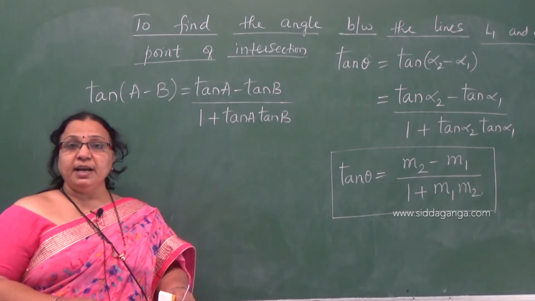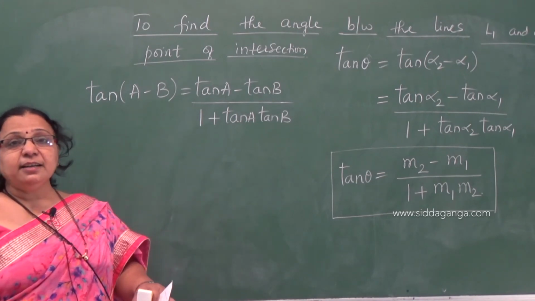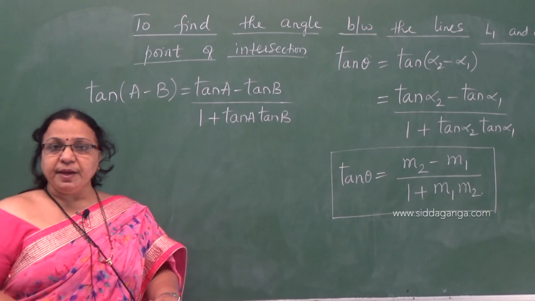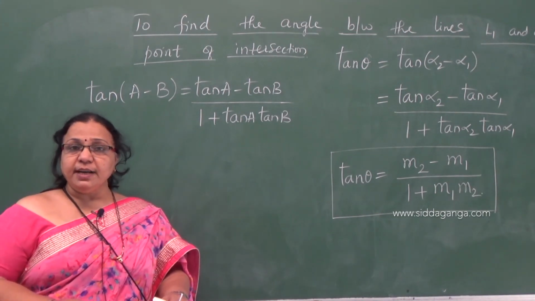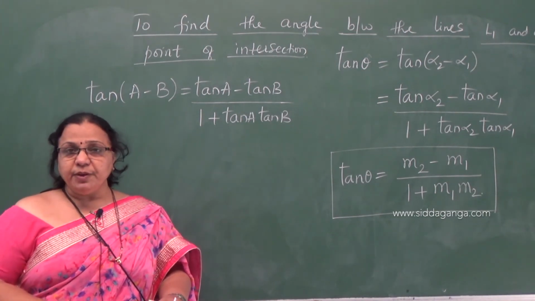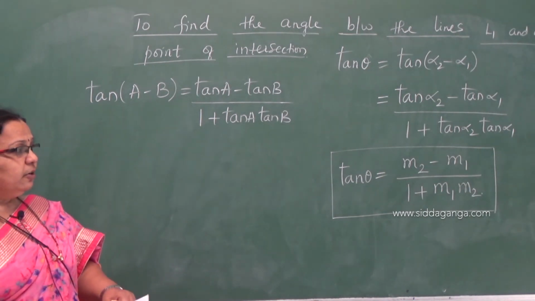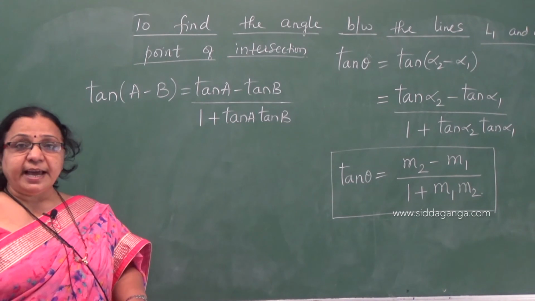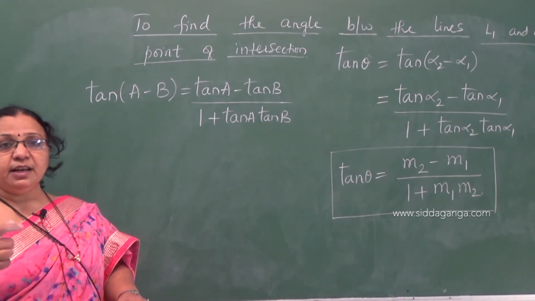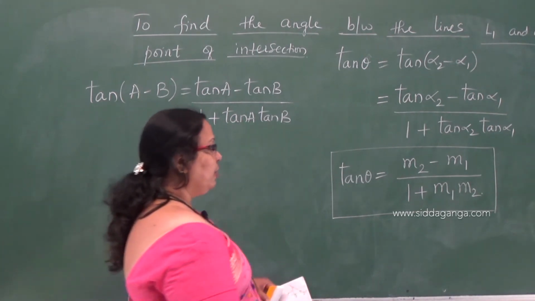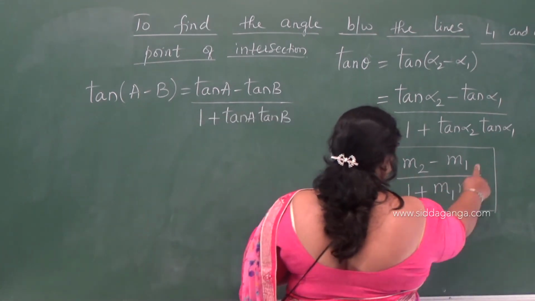This formula gives the angle between the given two lines, which make angles alpha 1 and alpha 2 with the positive x-axis. To always get an acute angle between the lines, we have to take the modulus of this expression.